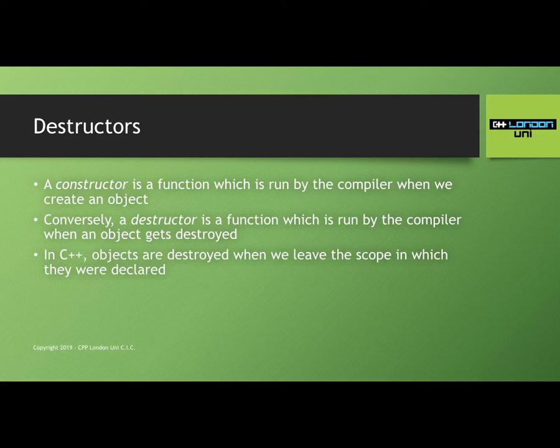And objects are destroyed when we leave the scope in which they were declared. Usually this means the innermost set of curly braces in which they appear. As soon as control leaves that innermost set of curly braces, the object is destroyed. Its lifetime ends.